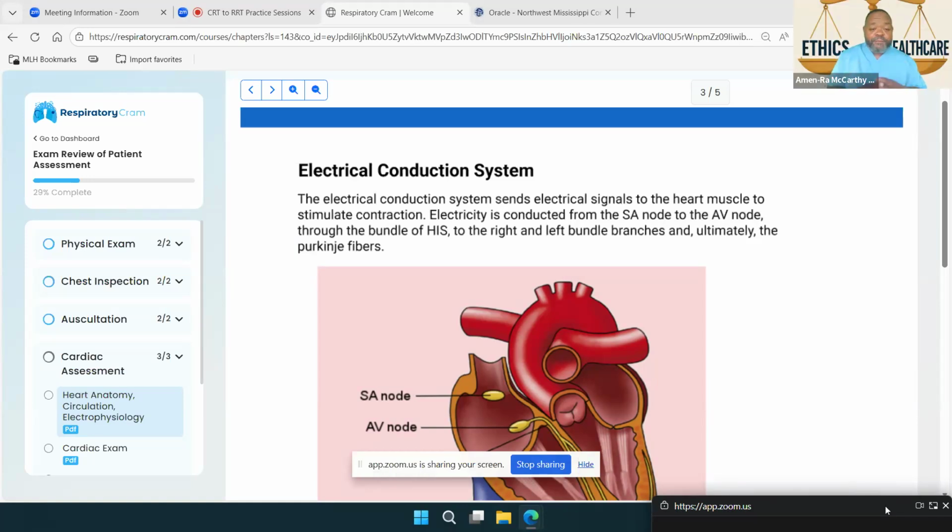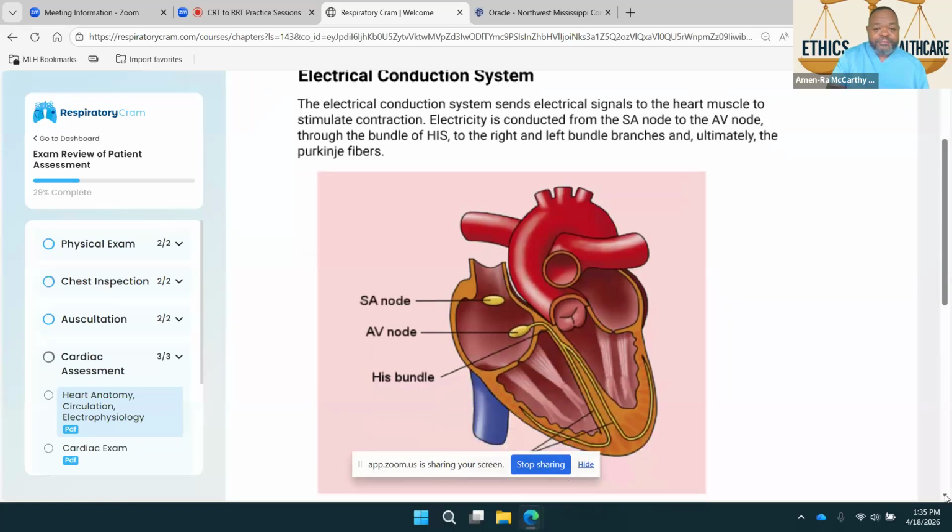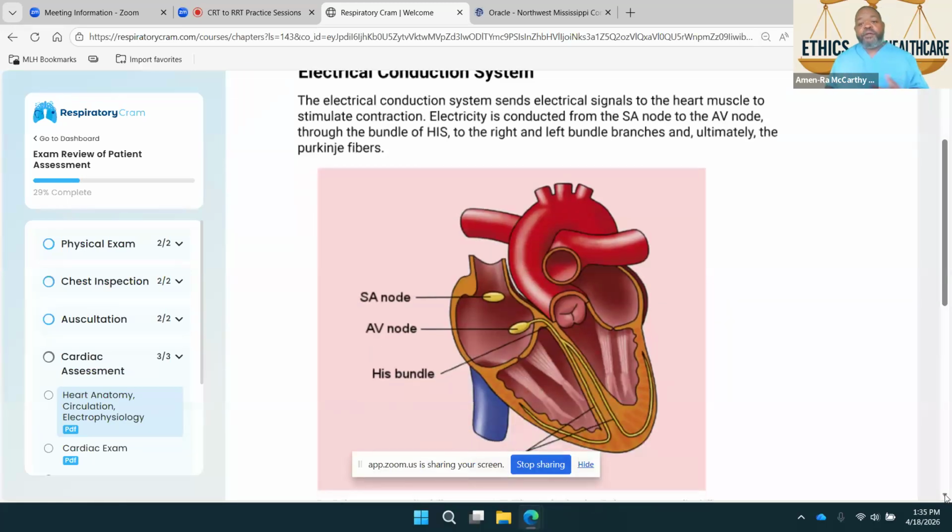All right, so here we are. Like I said, we just spoke about the blood flow through all those structures, and now we're going to get into the electrical conduction system. Very important. Electricity is conducted from the SA node to the AV node, through the bundle of His to the right and left bundle branches, and then ultimately the Purkinje fibers.